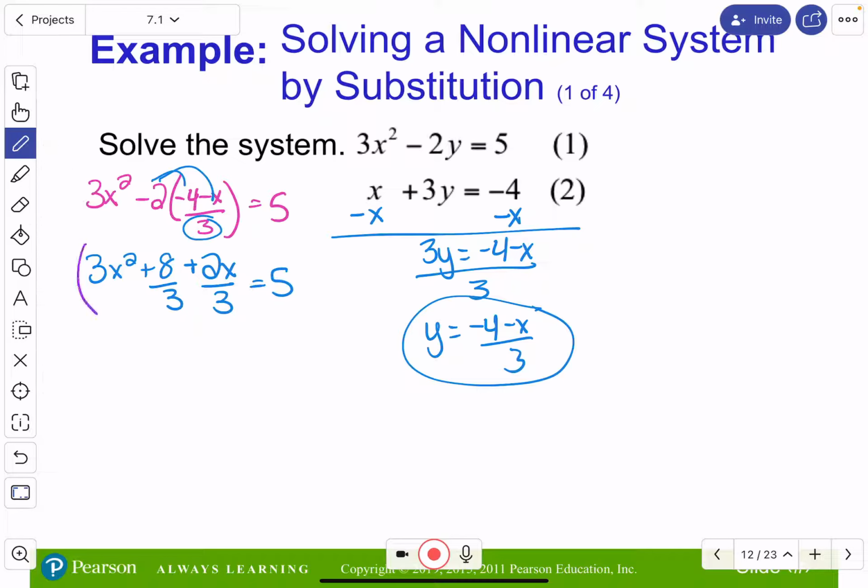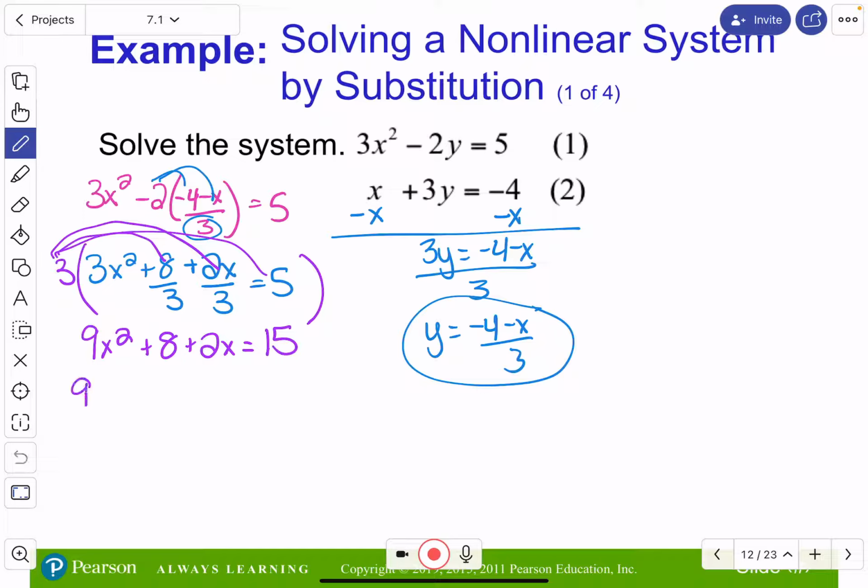Now I'm going to multiply everything by 3 because I want to cancel out the fractions. So 3 times 3x squared is 9x squared. 3 times 8 is 24, divided by 3 is 8. And 3 times 2x is 6x, divided by 3 is 2x. And then 3 times 5 is 15.